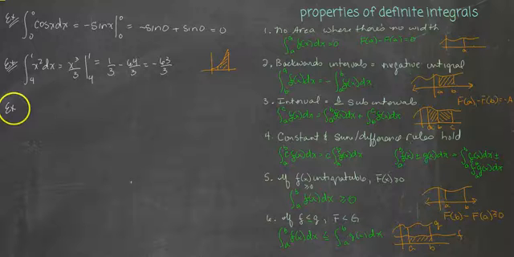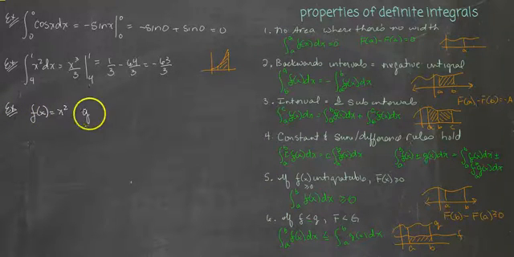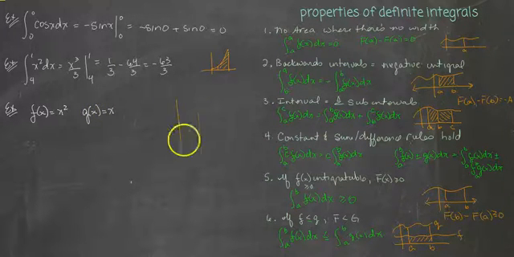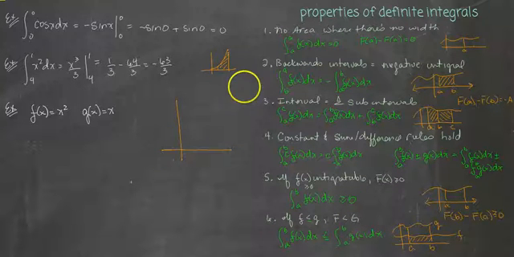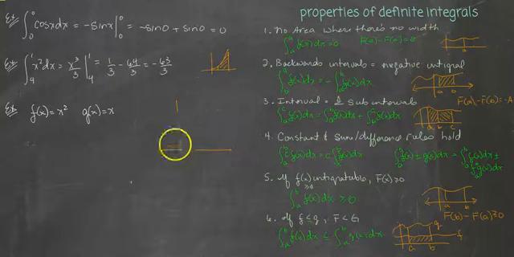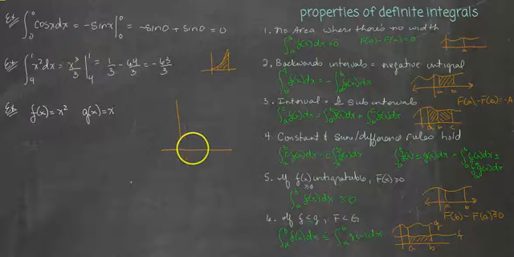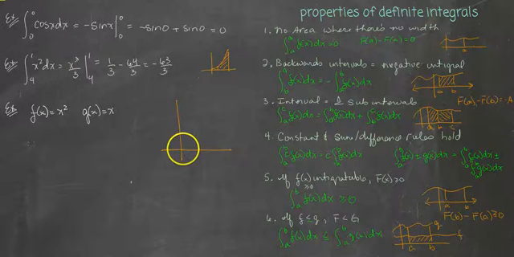And last but not least, let's compare two functions. Let's take f of x equals x squared and g of x equals x. So if I graph these, and I'm only going to graph them on the first quadrant just for ease. When I integrate, I'm going to choose an interval on the first quadrant.